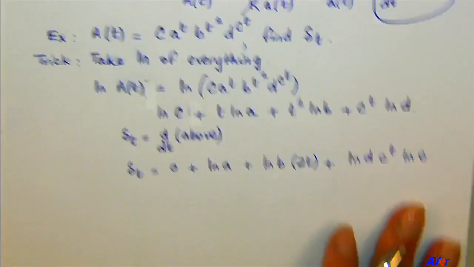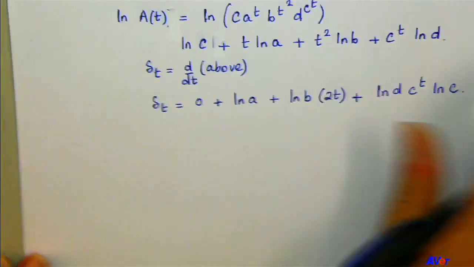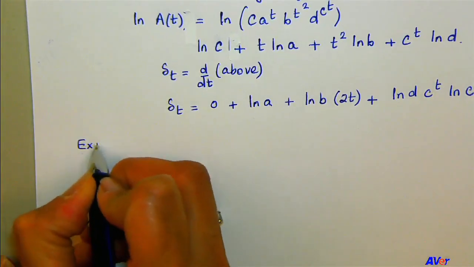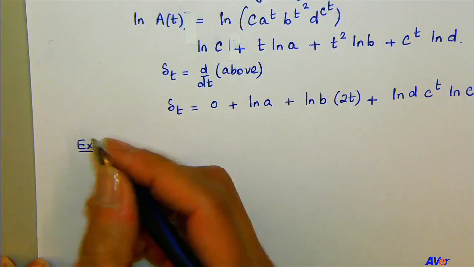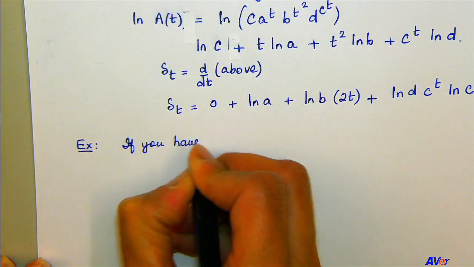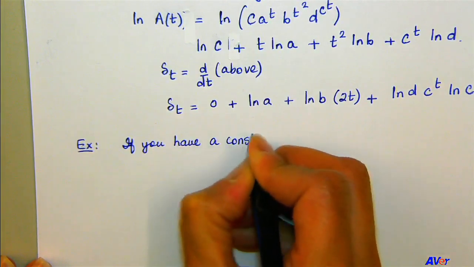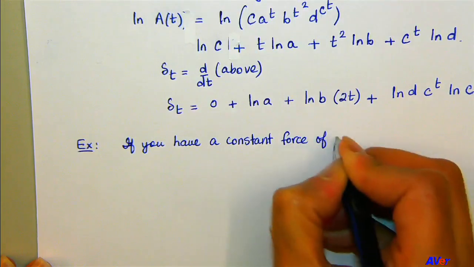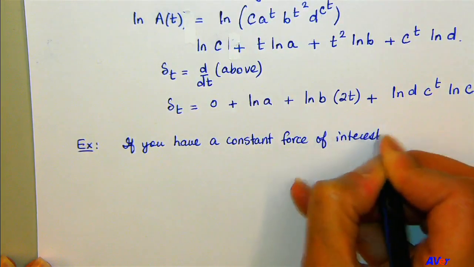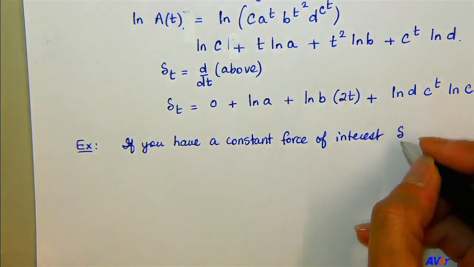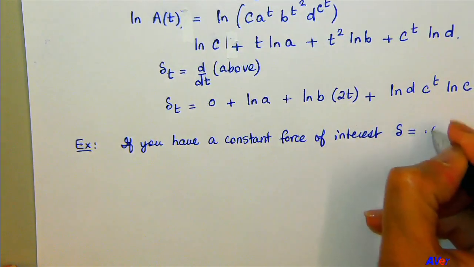Okay, next example. If you have a constant force of interest, delta, I won't write of t because it's constant, equals 0.042.